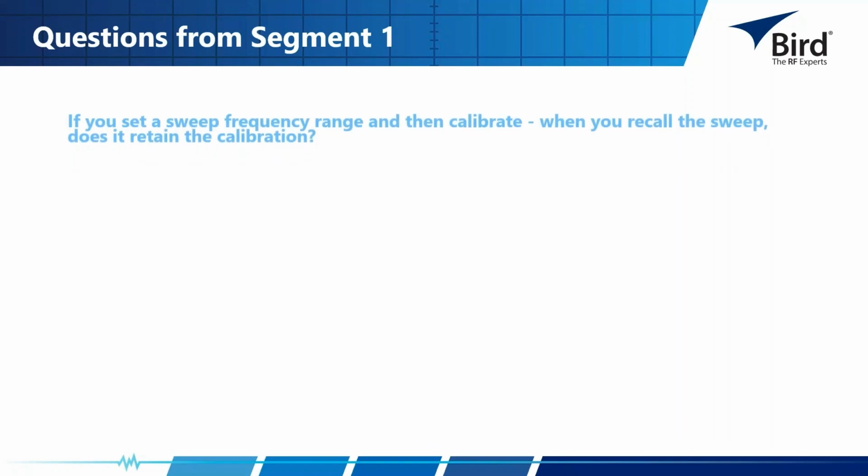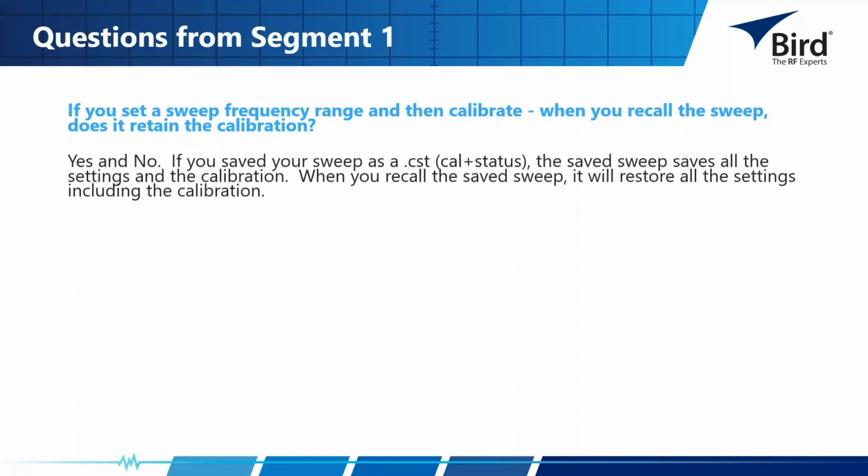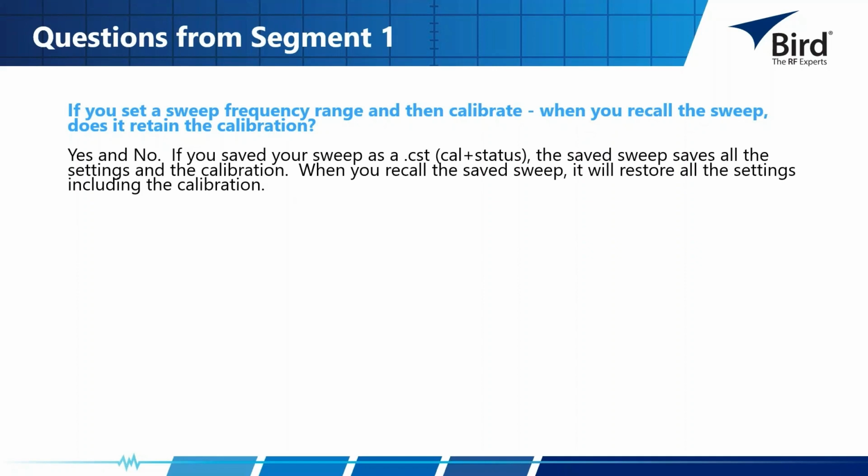Another question that came in was, if you set a sweep frequency range and then calibrate, when you recall the sweep, does it retain the calibration? This one is a little tricky, so I'm just going to say yes and no. When you saved your sweep as a CST file, meaning you had it set for the cal plus status, the saved sweep will save all the settings and the calibration.